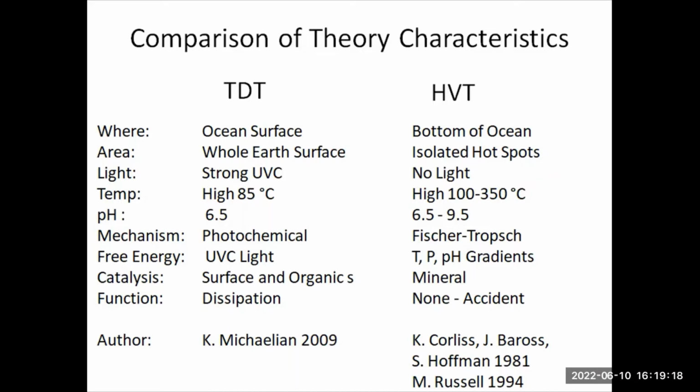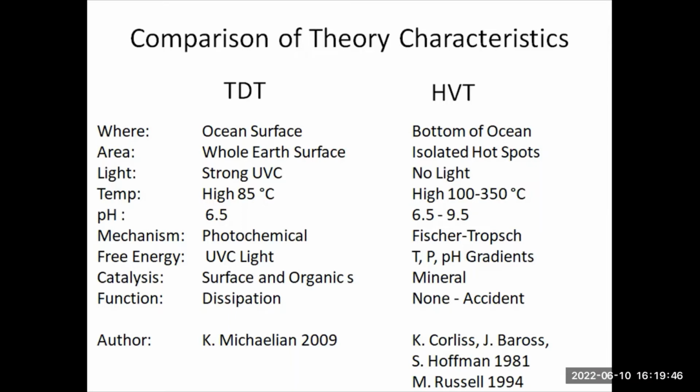And the temperatures were approximately the same. We assumed high temperatures, about 85 degrees centigrade, near the denaturing temperature of DNA, because of the carbon dioxide in the atmosphere. With the hydrothermal vent theories, we have vents gushing out hot water at different temperatures that can range from about 100 to 350 degrees centigrade.